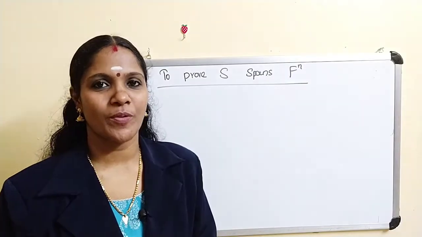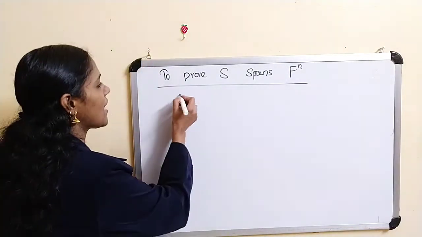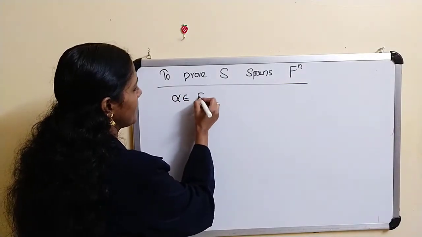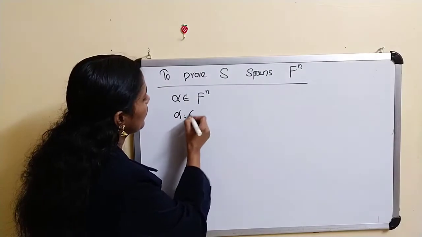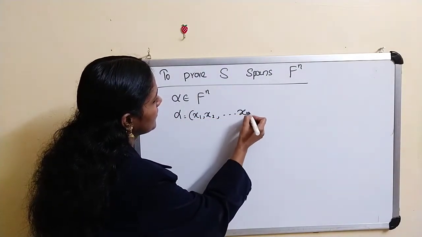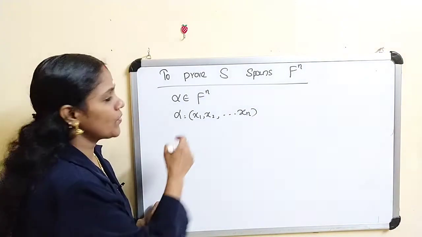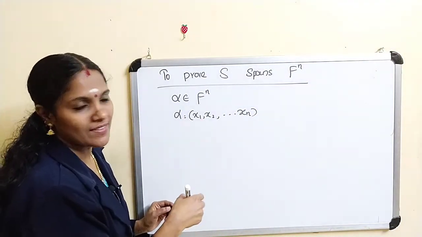Now we have to prove that the set spans the space Fn. We have to prove S spans Fn. For this you take some alpha belonging to Fn. Fn is the set of all n-tuples, so alpha is of the form (x1, x2, etc., xn). Now we have to check whether this is a linear combination of the ei's.